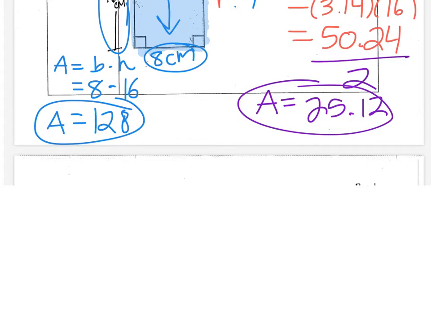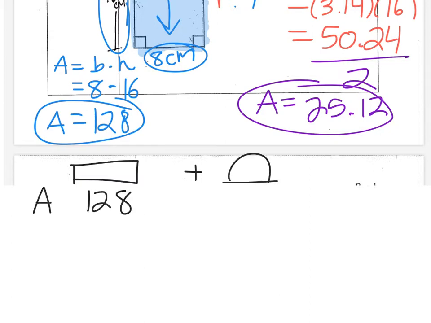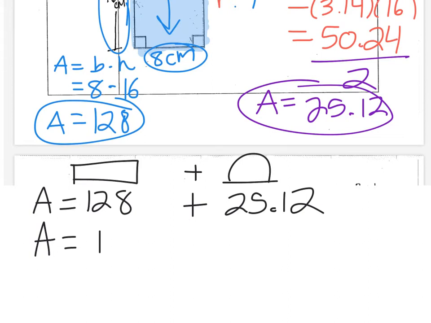Then I need to add the area of the rectangle plus the half circle. So I have 128 plus 25.12, which is 153.12.